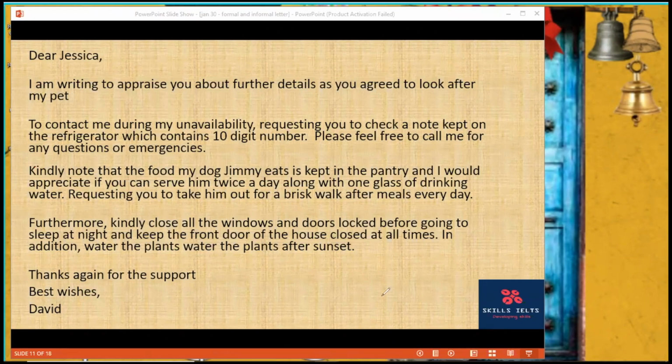Anybody? Still writing? I would recommend you introduce your Jimmy to Jessica in a line at least. This is my dog, this is my dog's name, blah, blah, blah, and then what he likes. That would make a good impression.